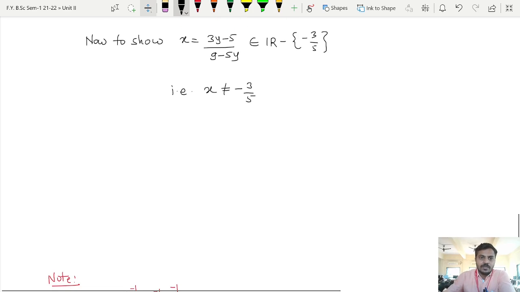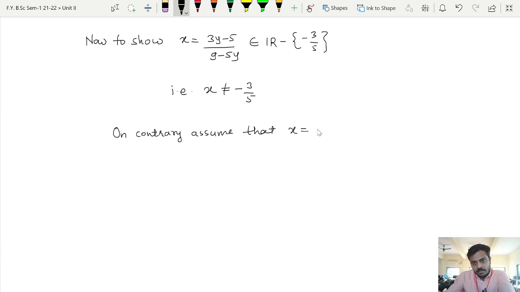So, on the contrary, assume that x is equal to minus 3 upon 5. Actually we do have the value of x. The value of x is nothing but (3y minus 5) upon (9 minus 5y), which will be equal to minus 3 upon 5. Let us see what we get here.